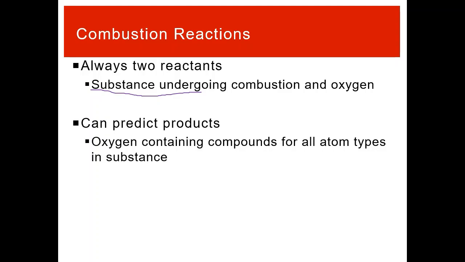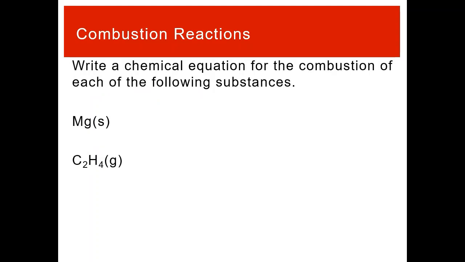Maybe we'll look at some examples and parse out how that works. Let's write chemical equations for the combustion of each of the following substances: magnesium solid and C2H4 gas, which is called ethylene. In this case, I want a chemical equation, so knowing what my reactants and products are is always my go-to strategy.